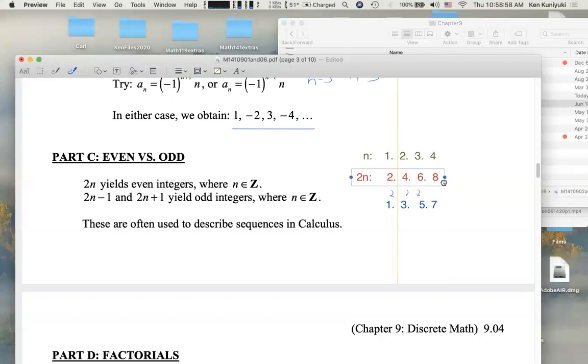What do we do to 2n to get these values over here? We subtract 1. 2n minus 1 will sweep over odd integers, also 2n plus 1. Now, if you start with n equals 0, then to get 1 as your first term, you need to use the 2n plus 1 form. If n is sweeping out over all the integers, then it doesn't matter. These will both sweep out over all the odd integers.